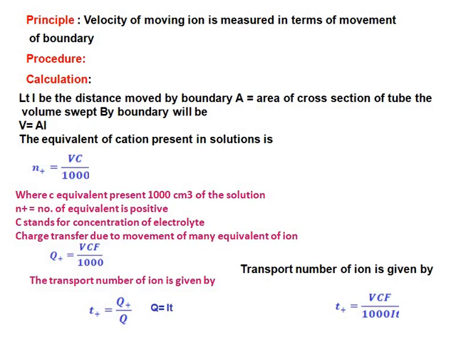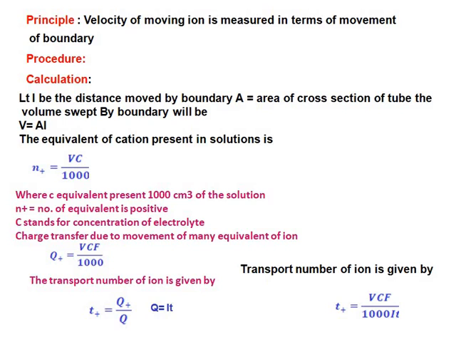Therefore the transport number of the ion is given by t plus equal to Q plus upon Q. But you know that Q is equal to IT. Putting this value in, the equation can be rewritten as t plus is equal to VCF upon 1000 I t. So this is the transport number of the ion.